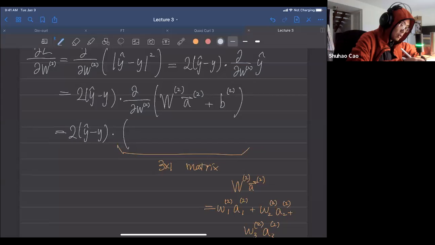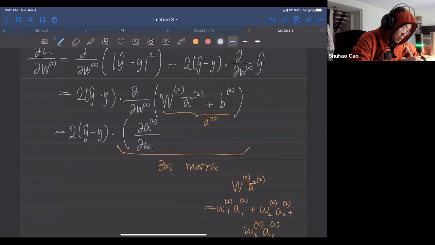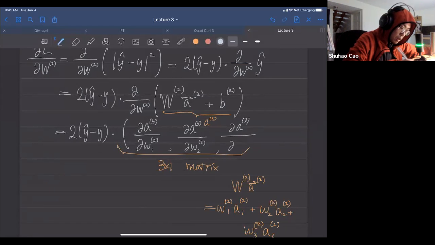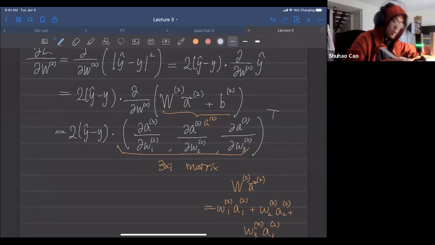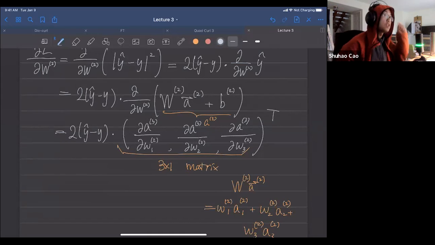Keep in mind, this is our A3, and this is partial A3 with respect to W first component, and this is A3 with respect to W second component, and this is A3 with respect to W third component, sorry, and then we take the transpose. So this is the 3x1 vector.